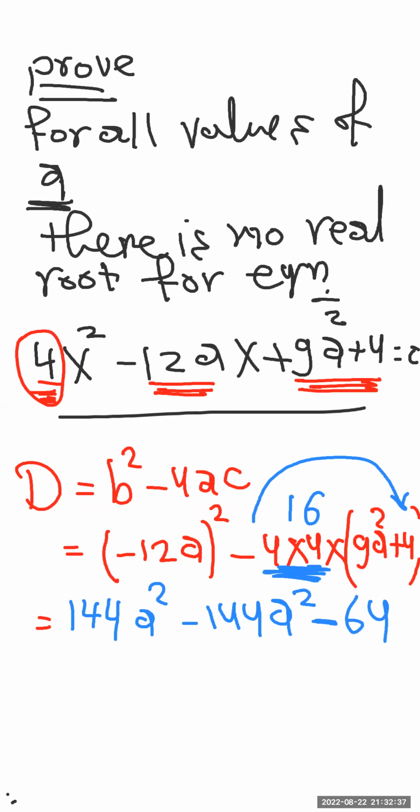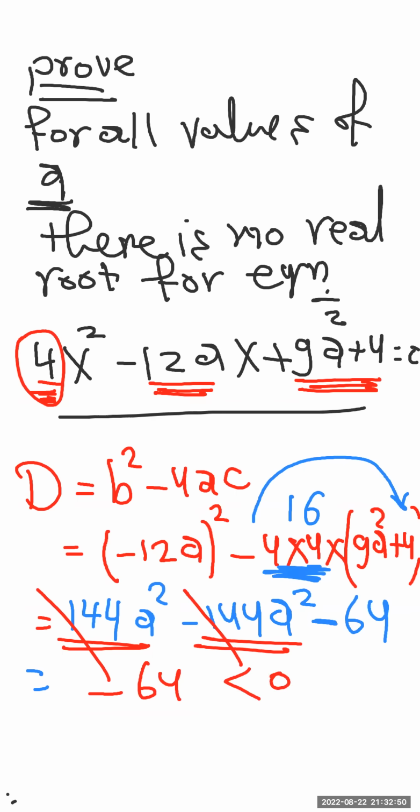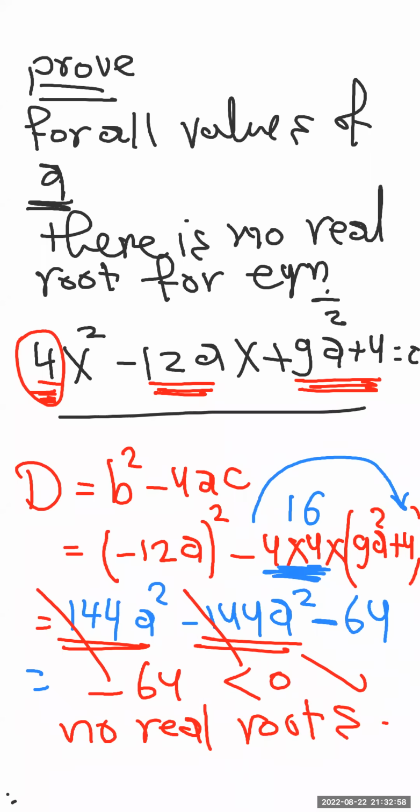Okay, so this term and this term are additive inverses. So this one and this one are 0, so it will equal negative 64. Less than 0, yes. So no real roots, because the discriminant is negative. Correct, guys? Yes, correct. Any questions?